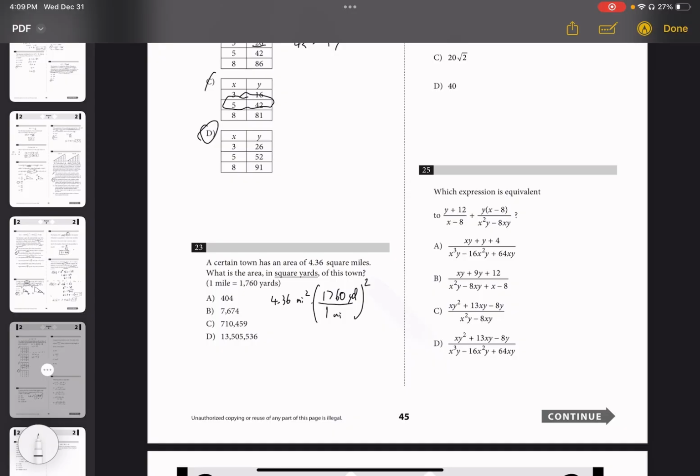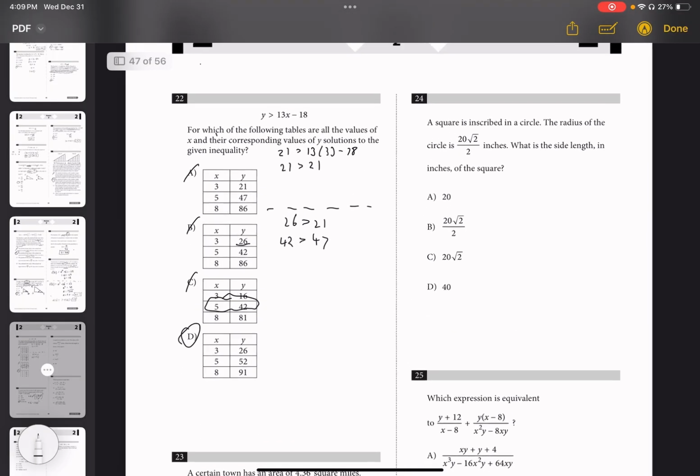And then with this, miles will cancel out, and we get 4.36 times 1,760 squared. Those are just your straight up numbers for this. 1,760 squared times 4.36 is going to be 13,505,536, which is answer choice D.